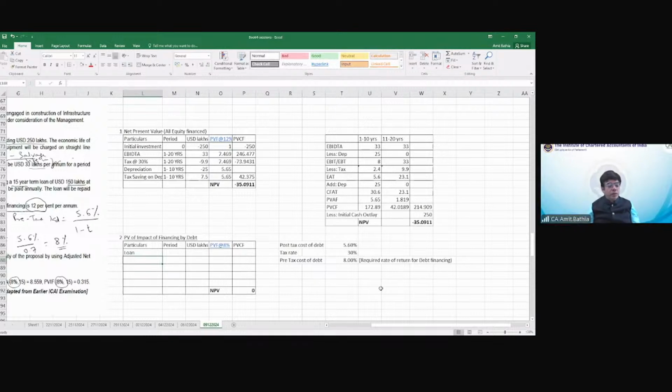So now we start computing. First is the loan. The loan will be at the beginning of the year. How much in USD lakhs? 150.